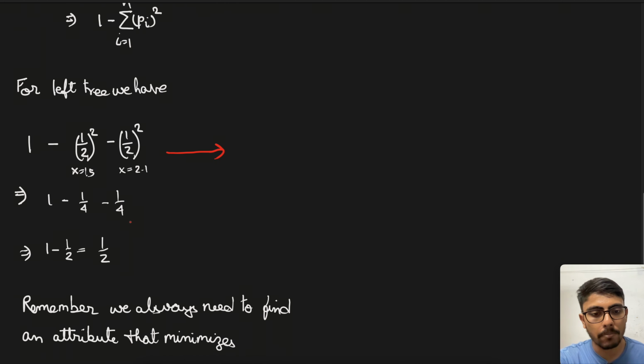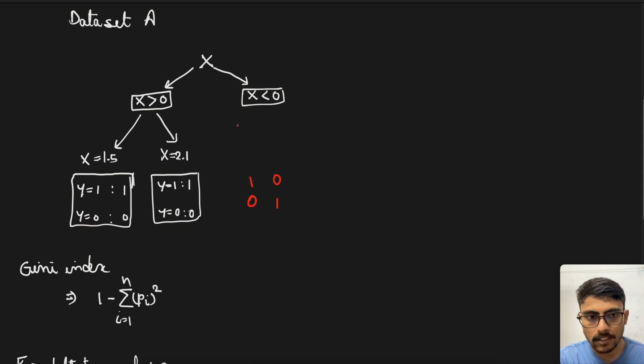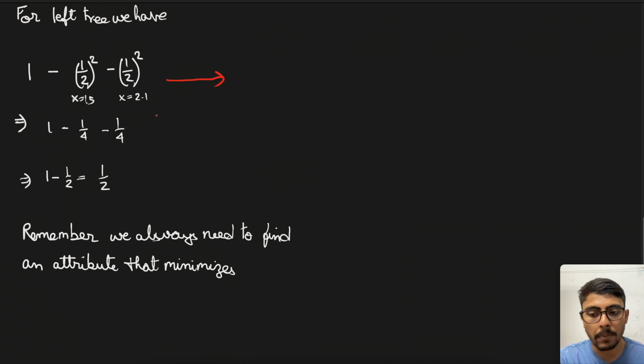And one thing to remember is that we always want to find an attribute, like here we chose x, right? x greater than 0 or less than 0. Based on this attribute, we split the tree, and we always need to find an attribute that minimizes the Gini index. The more it is minimized, the more pure the branch or node we get from the decision tree.